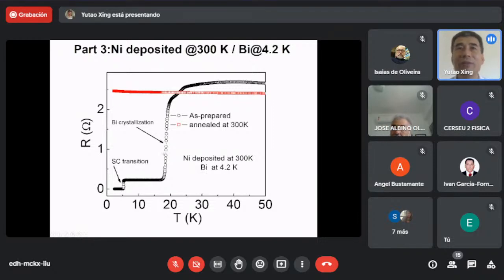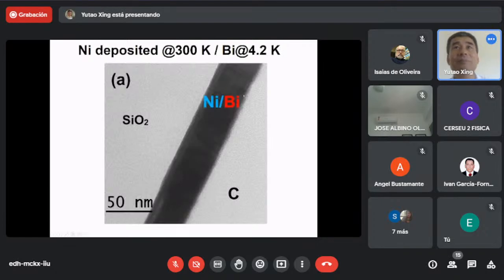And then after the crystallization of bismuth, we come back. Now here the red curve shows the crystalline nickel and the crystalline bismuth. There's no superconducting transition. So with this experiment, of course, we can see the structure.